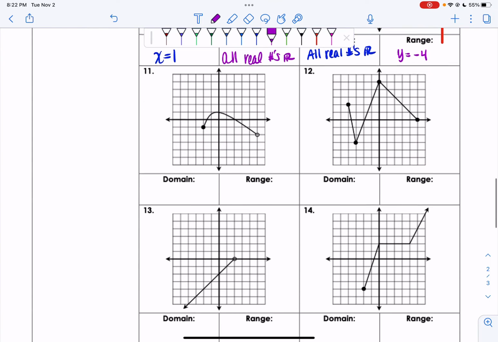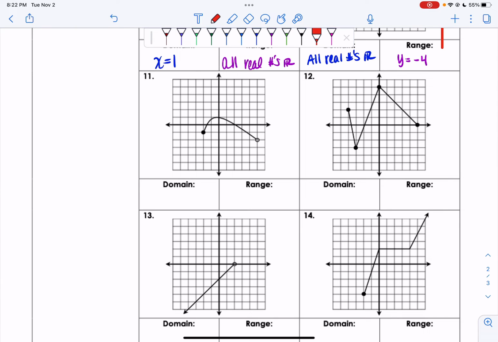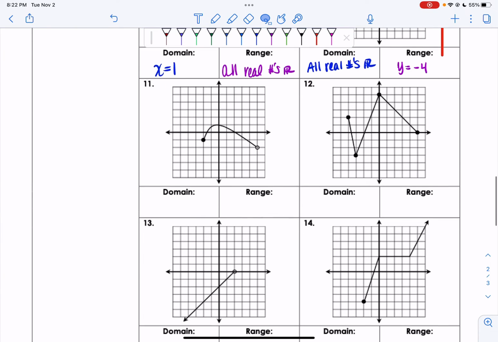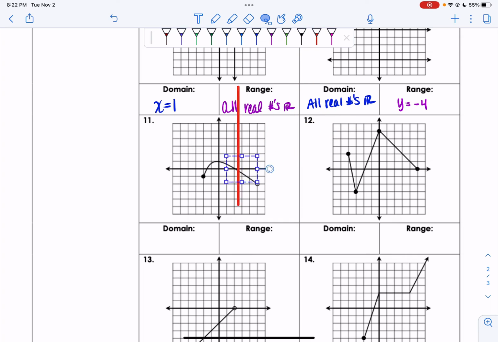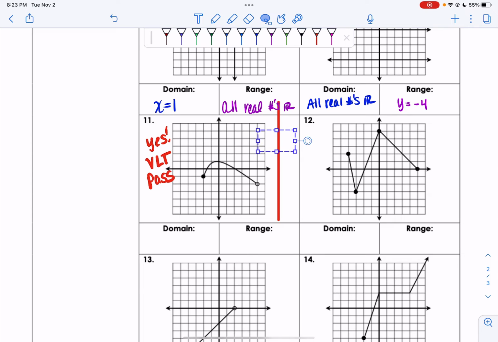Number 11. If you look, I always only hit my graph once, so this is a function. My domain, I look to see how far to the left.